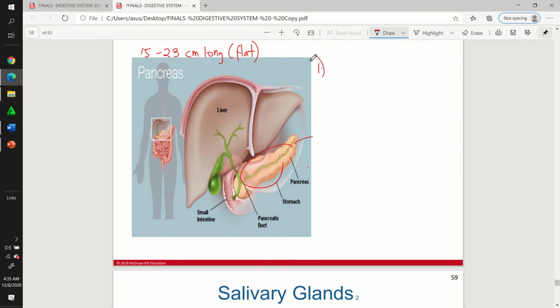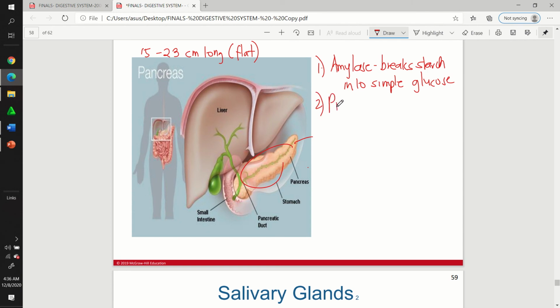I'm sorry, by your pancreas. Number one, we have your amylase. Your amylase breaks starch into simple sugar.